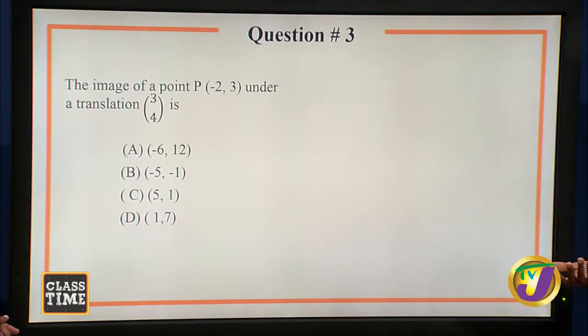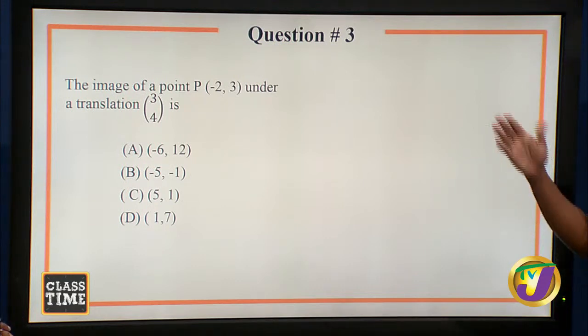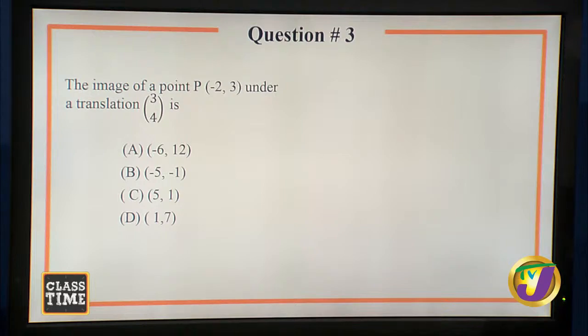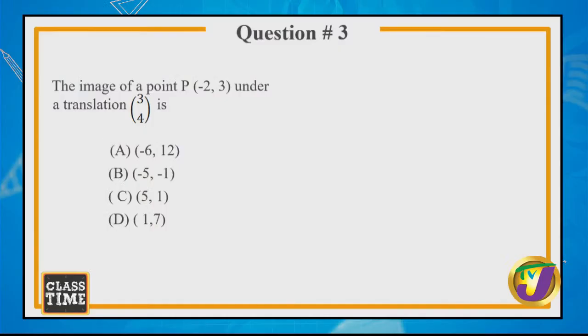So here we have another question. The image of a point P (-2, 3) under a translation (3, 4) is, and we have our solution set that's given. Now, you have read the question carefully. What is the important information that we need to get from the question?